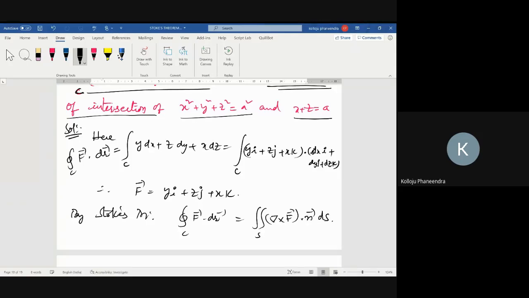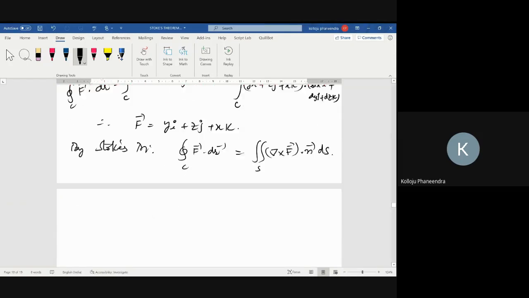Take this as 1. Let me calculate del cross f bar first: the determinant of i, j, k; dou by dou x, dou by dou y, dou by dou z; y, z, x.